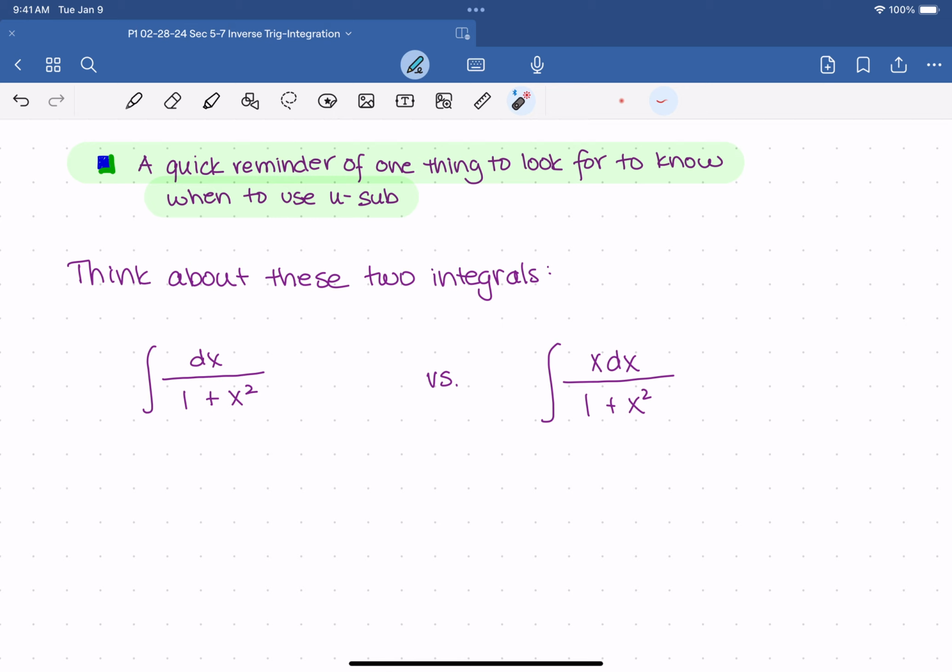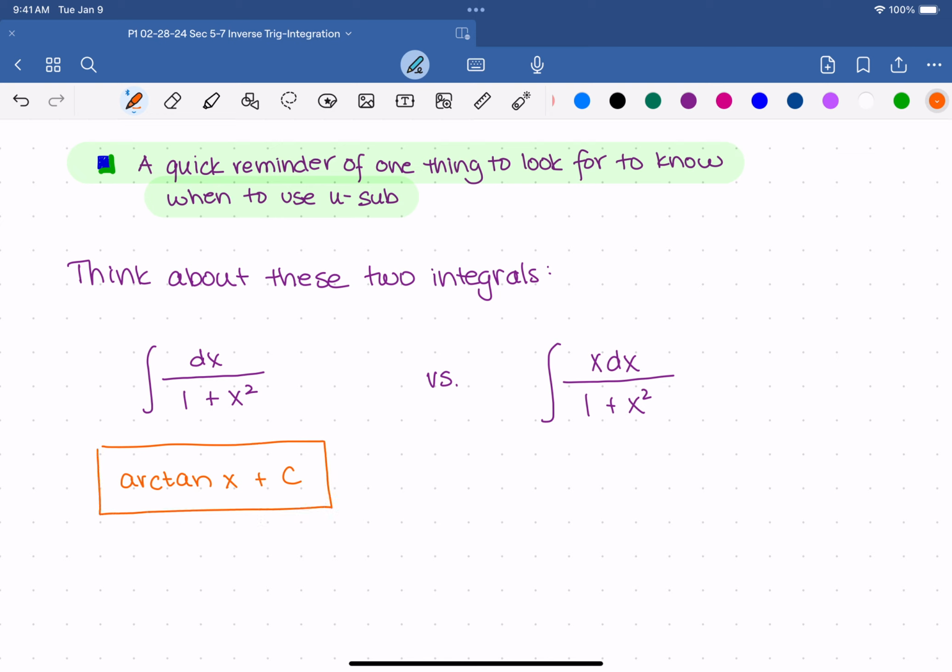Hopefully, you were thinking for the first one, oh, hey, that's exactly the arctan formula. This is arctan x plus c. Well, what about the other one?